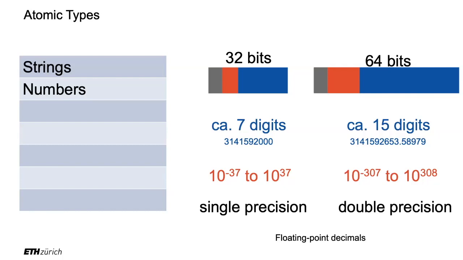And this is actually a standard that's called IEEE 754. I have no idea why I know that by heart, but it's IEEE 754. And that's a standard that tells you exactly how you encode these numbers on 32 bits or on 64 bits.